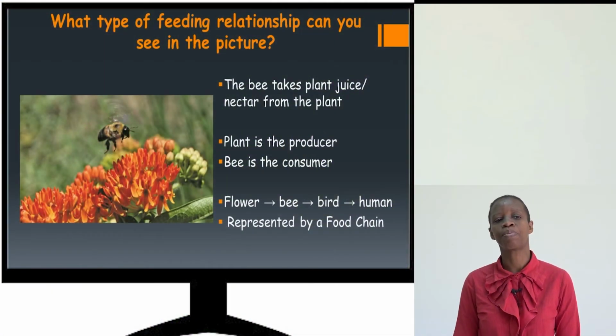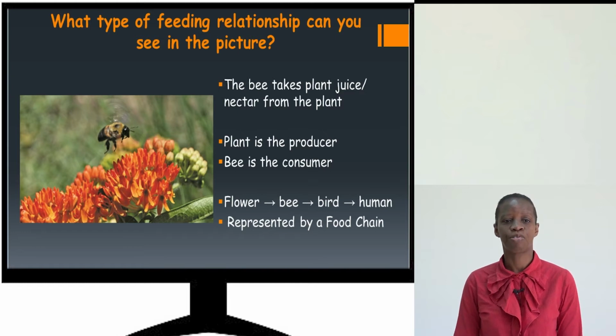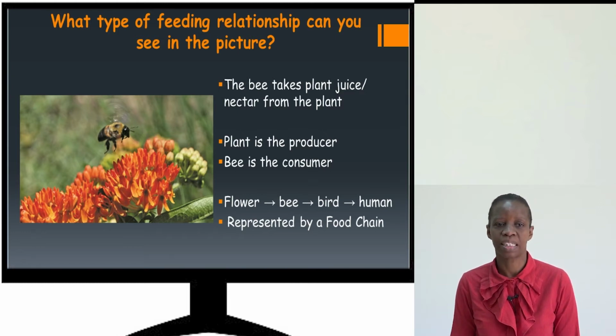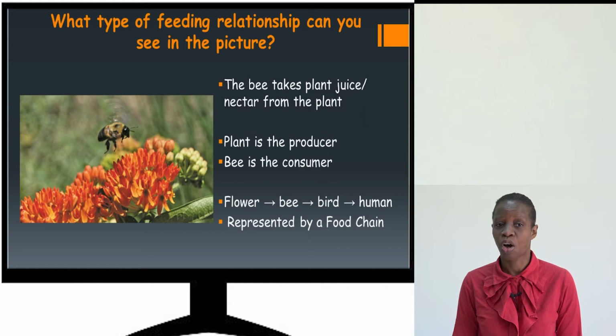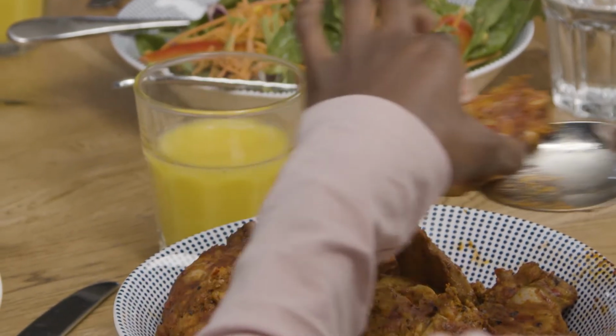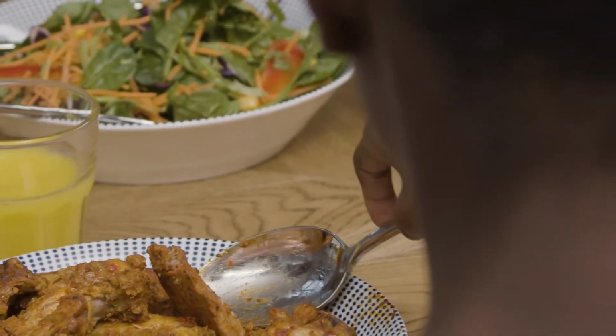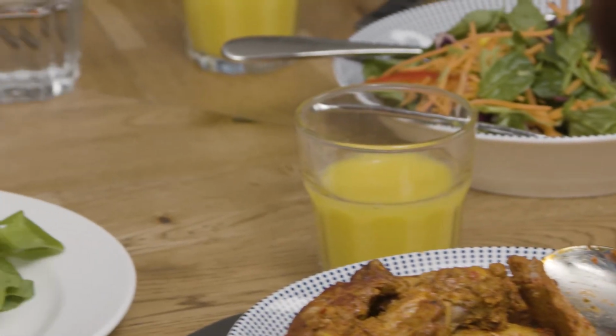Now suppose that bee was now pounced upon by a bird, yes? And of course, at some point in time, that bird was caught and used to have some roast bird by humans, right? Good. And so I can represent that type of feeding relationship with that food chain.